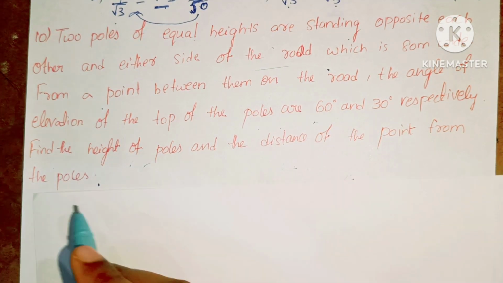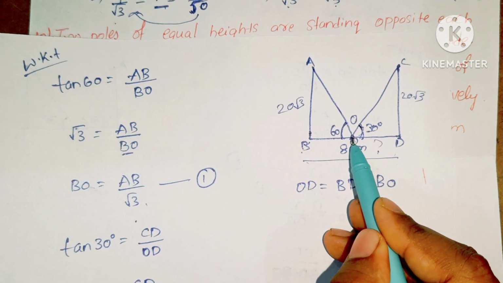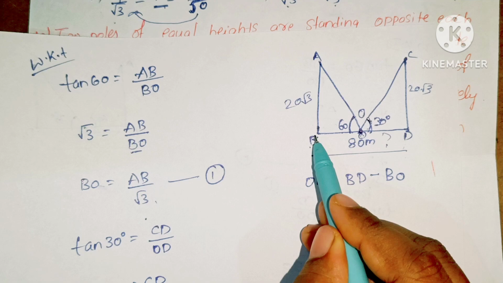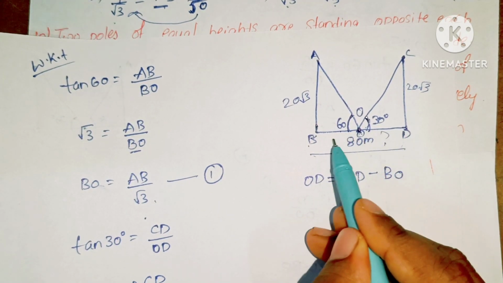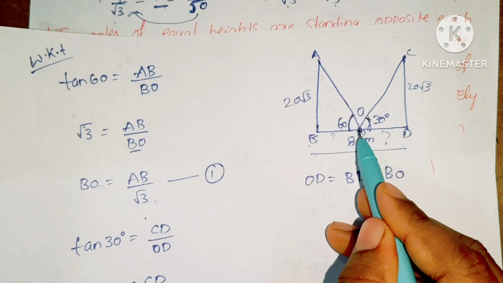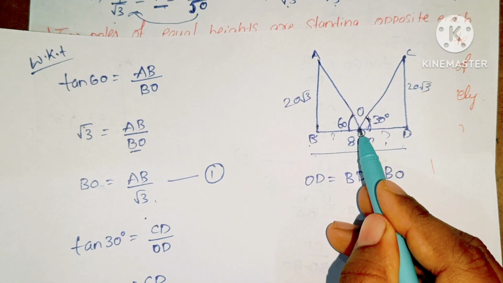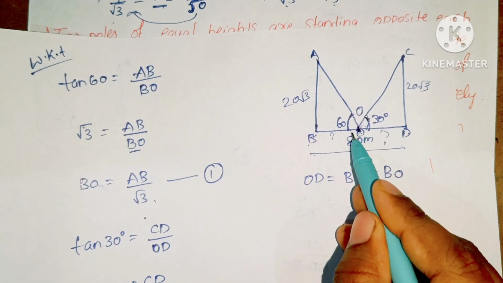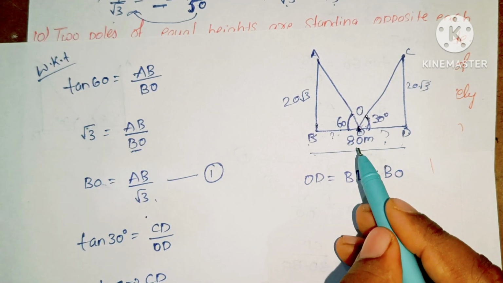The distance of the point from the poles. That means the distance from this point to B, from the pole, or this point to this. So this BO equal to OD, right? Because at the center of the road only the angle of elevation takes place. That means it divides the road into two equal parts.